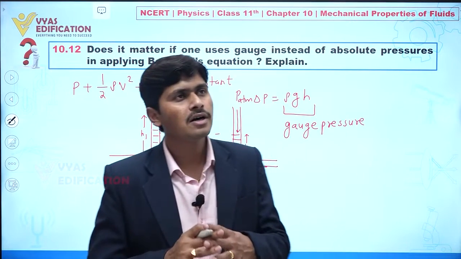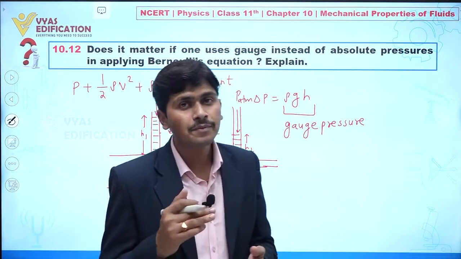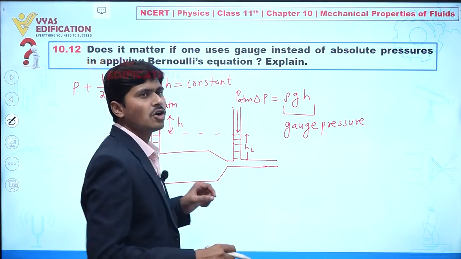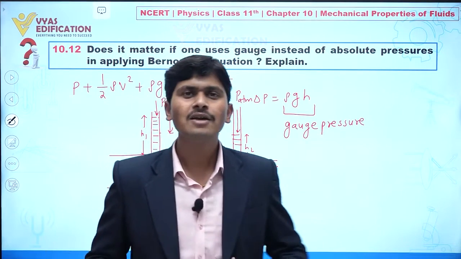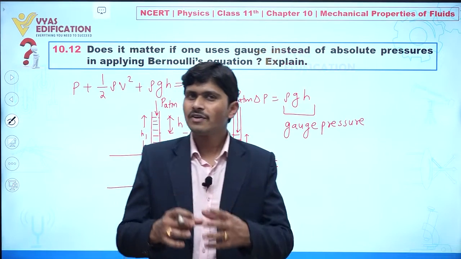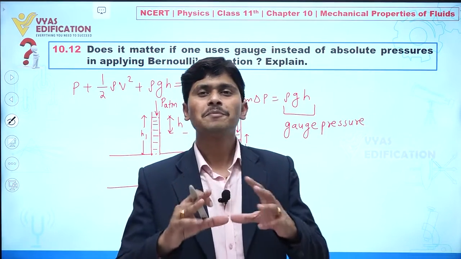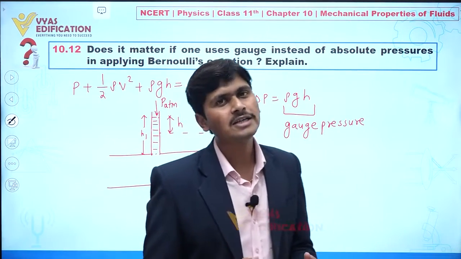The important concept is that we can utilize gauge pressure instead of absolute pressure only when there is very negligible change, or no change, in atmospheric pressure. Clear? It means whenever the surrounding conditions are not changing, at that time the atmospheric pressure is the same. It means we can utilize gauge pressure.